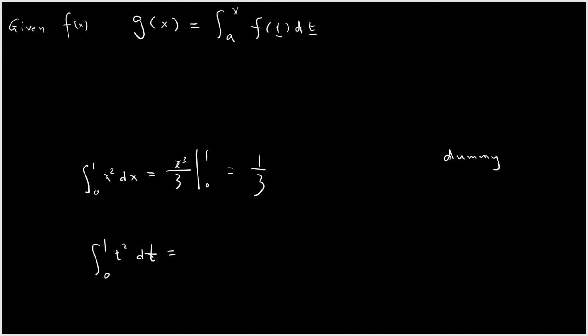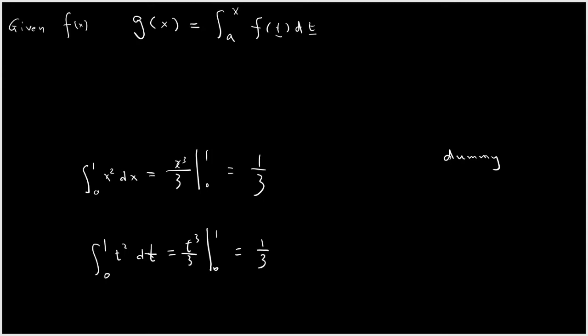To evaluate that integral, you get a particular antiderivative of t squared, which is t cubed over 3. And then you evaluate the antiderivative from 0 to 1. You still have 1/3.